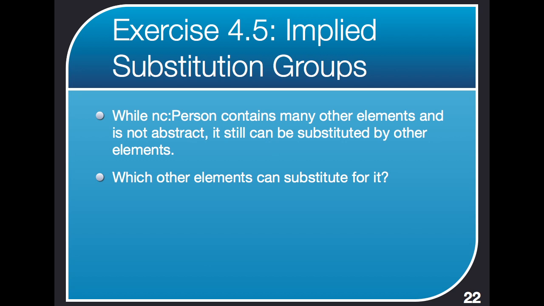It's not an explicit substitution group head. It is, however, an implied substitution group head. What I mean by that is that there are other elements in the NIEM which are of type person type or derived from person type, which list NIEM core person as their substitution group head, making them substitutable for it. So the point of this exercise is, quick, go find what those are.